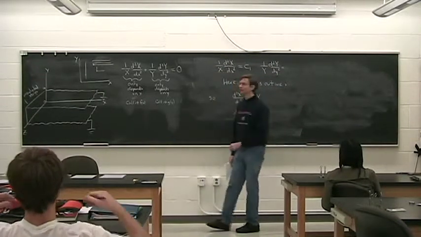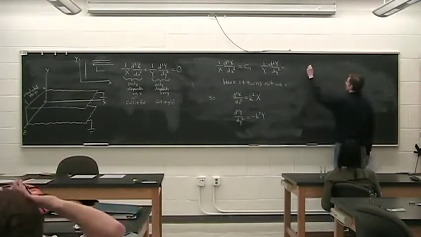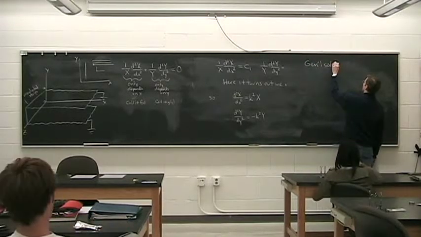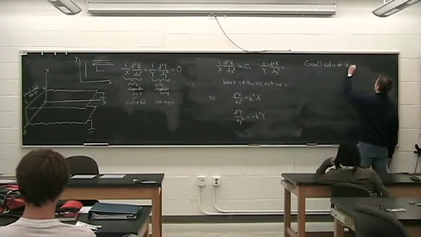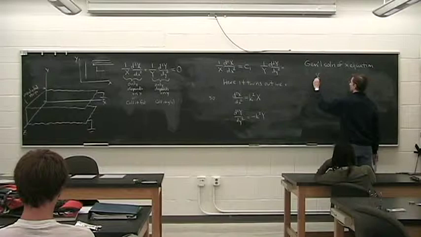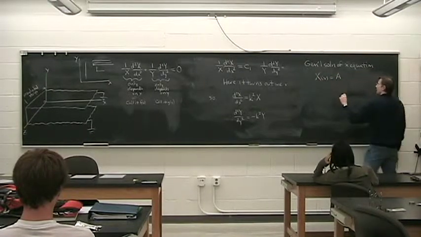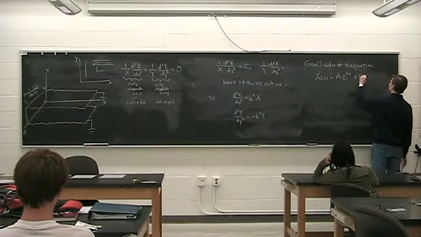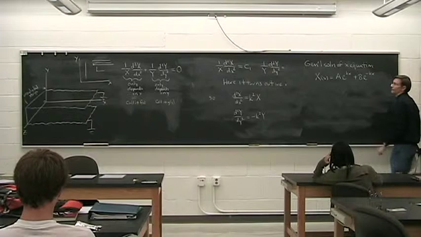Okay? So, general solution of the X equation is big X as a function of x is some constant A e to the plus kx plus another constant B e to the minus kx.